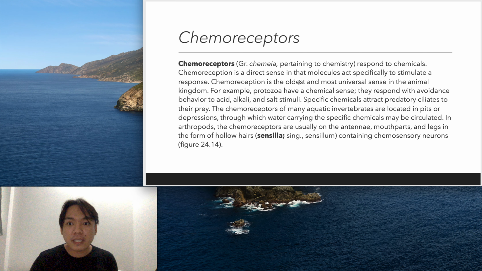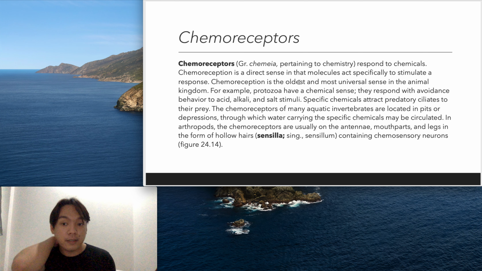In response to chemicals, we have chemoreceptors, the oldest universal sense in the animal kingdom. Some protozoa have it. They avoid acidic or alkali salt stimuli and respond to specific chemicals that attract predatory ciliates to prey. Some aquatic invertebrates have them located in pits or depressions through which water carrying the specific chemicals may be circulated.